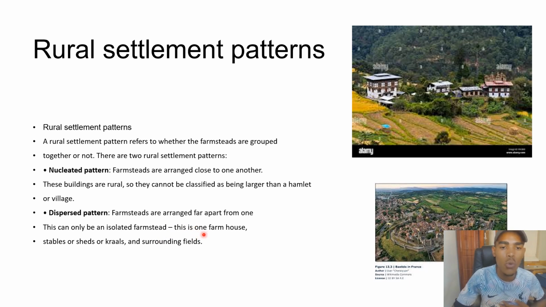This is one farmhouse, stables or shed or kraal, and surrounding fields. As we can see here, this is what we refer to as a dispersed settlement. There is a house here, then you have to travel a while to get to another house. You have to travel again to reach another house.